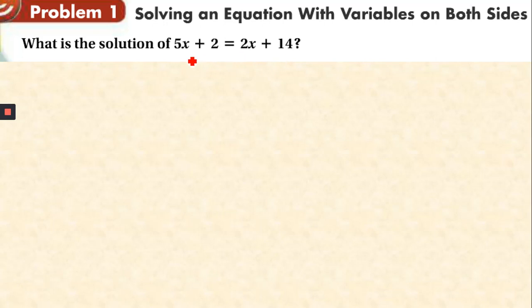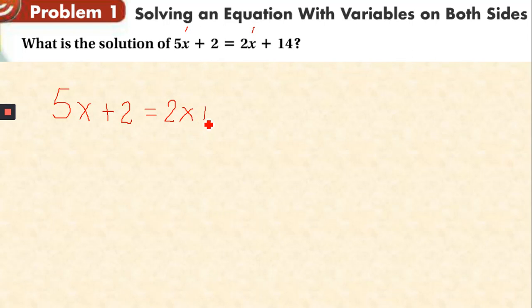If you are going to observe, we have a variable on the left side and a variable on the right side. In order to solve the given equation, make sure that you put all the terms with variables on one side of the equation.